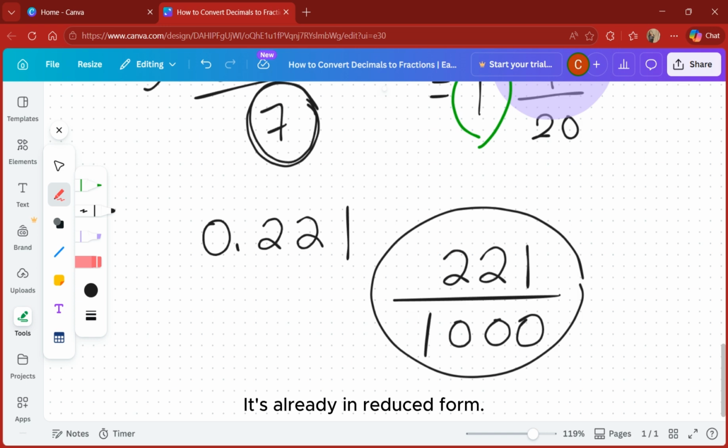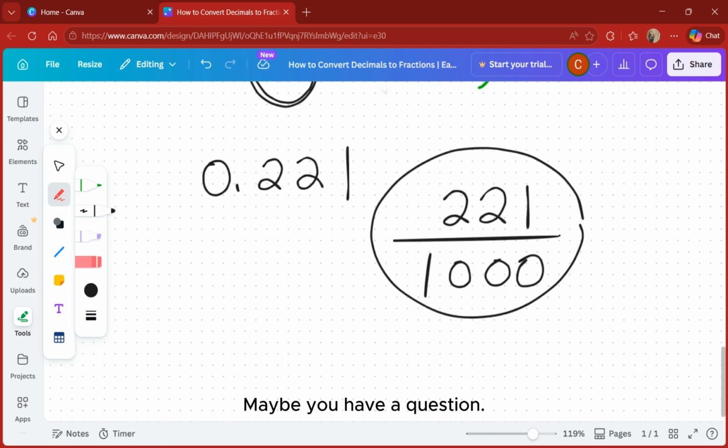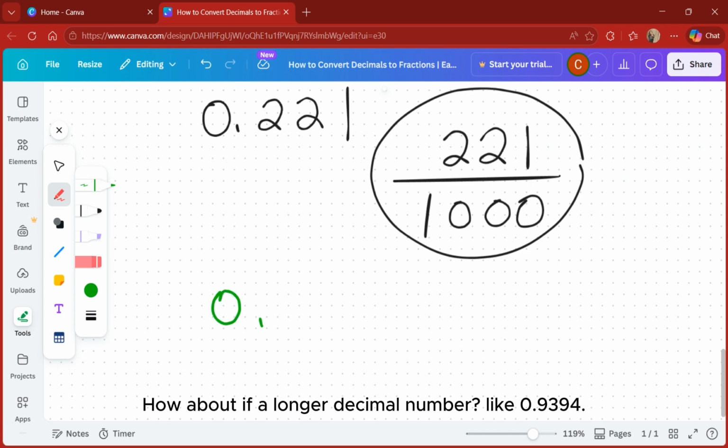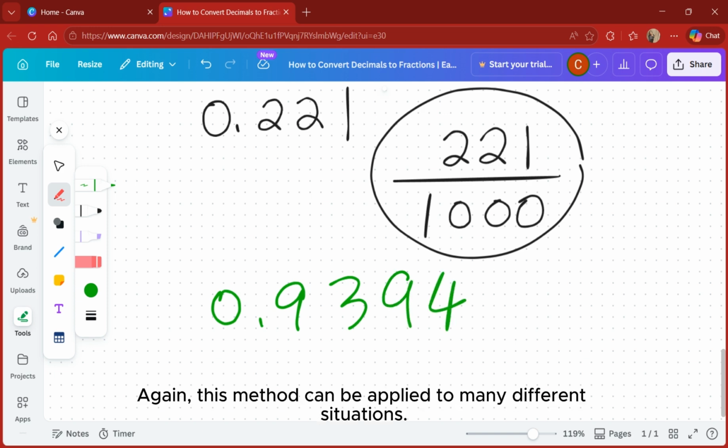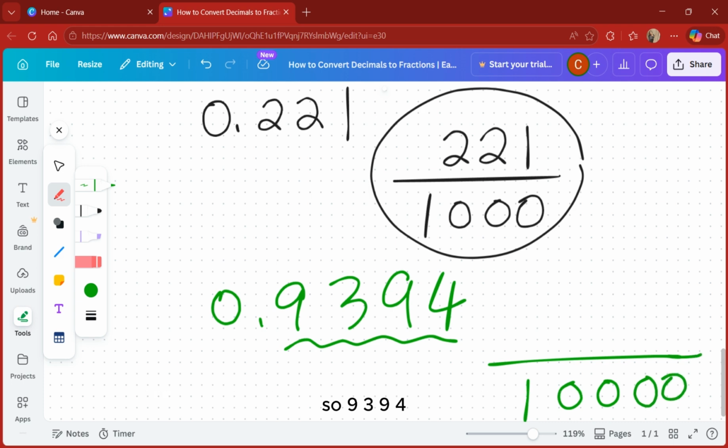It's already reduced form. And maybe you have a question. How about if it's longer, like 0.3934? Again, this method can be applied to many different situations. So 3934.